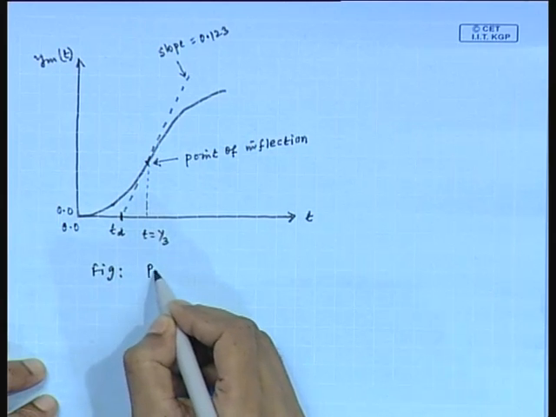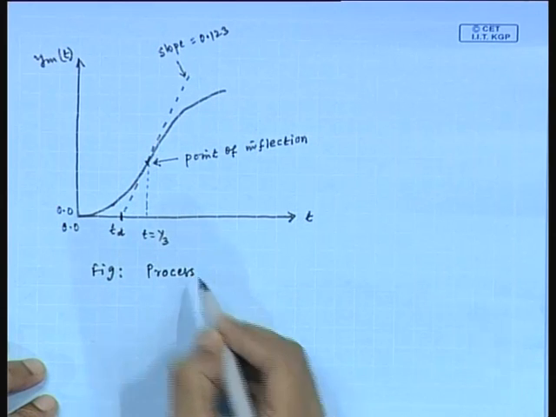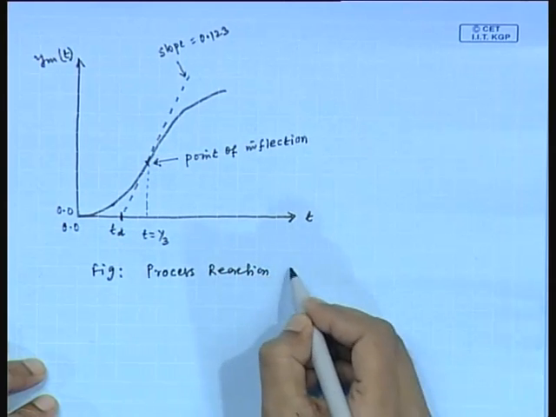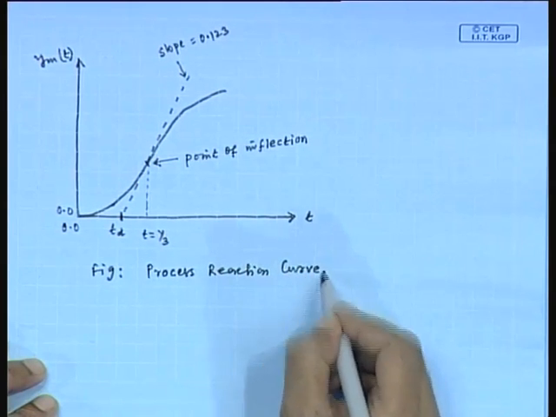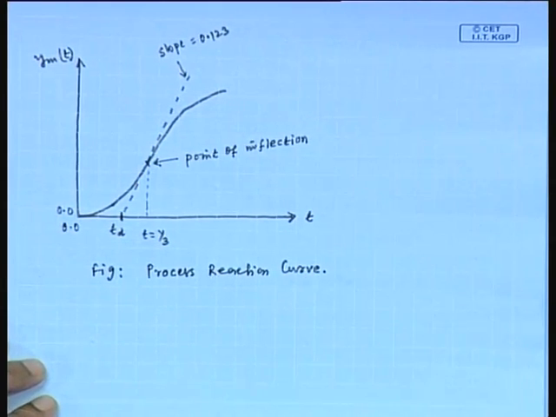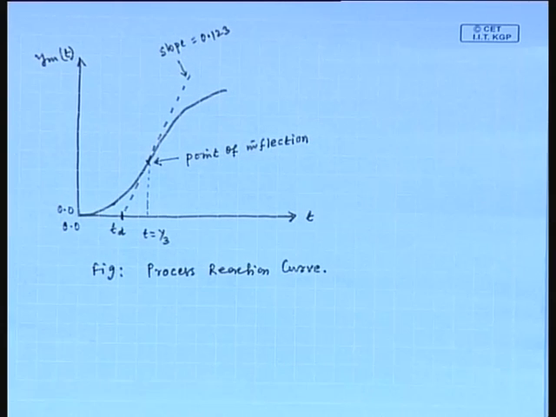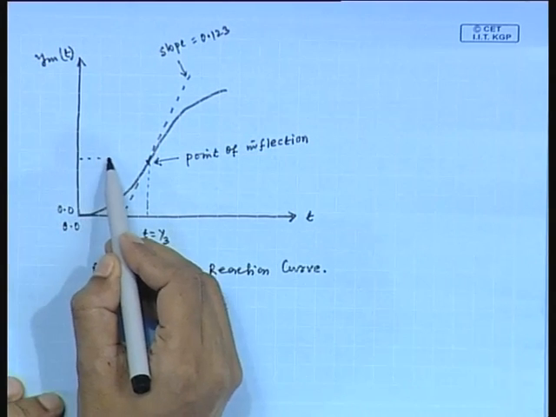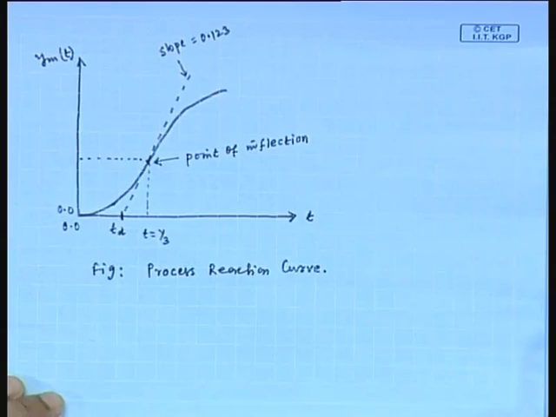So, this is the process reaction curve. Can you find the corresponding Ym value at t equals 1/3?